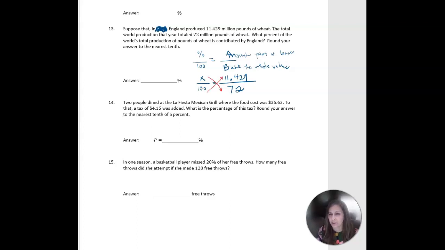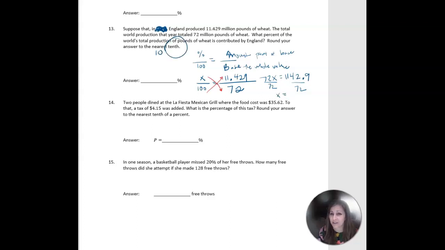So 72 times X is 72X. 11.429 times 100 moves my decimal place over 2 to the right, so it'll be 1,142.9 million. We divide both sides by 72, and we get X equals. It says round to the nearest tenth.